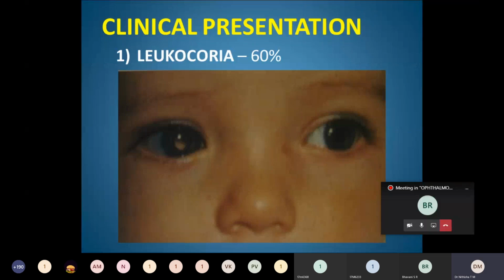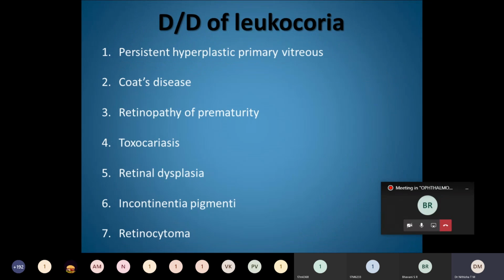So what are the clinical presentations of retinoblastoma? Leukocoria, what I told you, is the white reflex in the pupillary area, and it is the commonest presentation, in about 60%. So any child born with leukocoria, with squinting or anything, or if the pupil is dilated, always remember, if you get a chance of seeing this, please refer to an ophthalmologist.